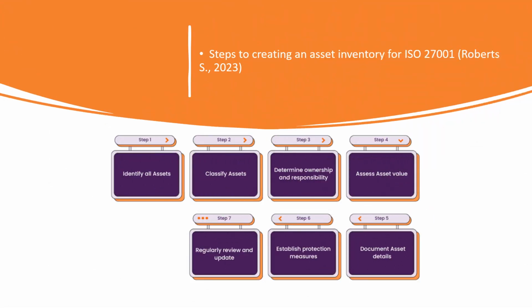There are some steps, and the steps can be summarized into 5 stages. One, identify, classify, determine ownership and responsibility. Look at the value of the assets, regularly review and update, establish protection measures, and document asset details.